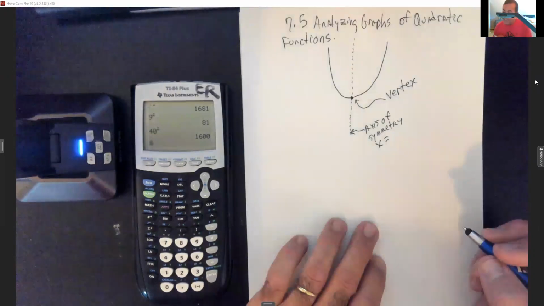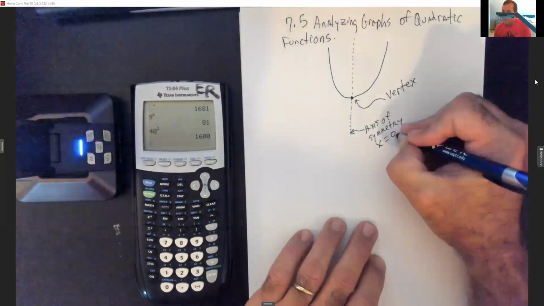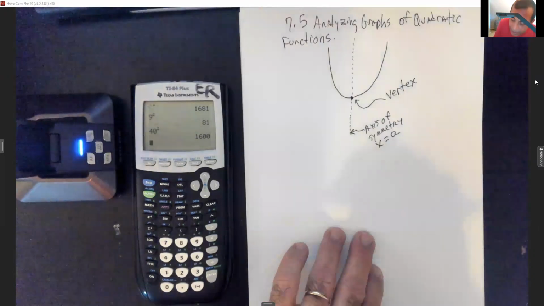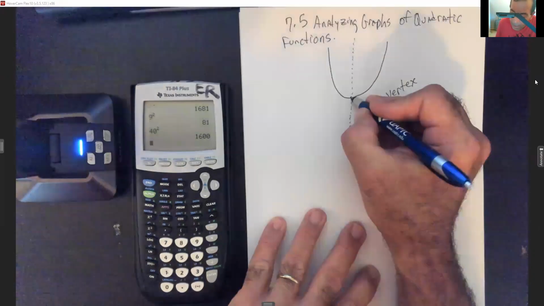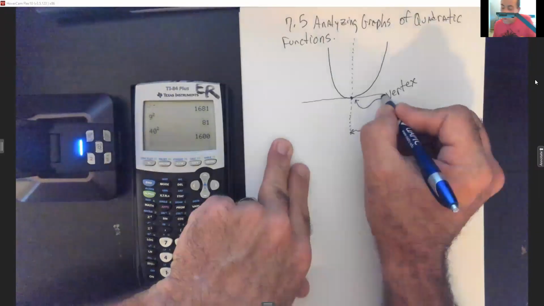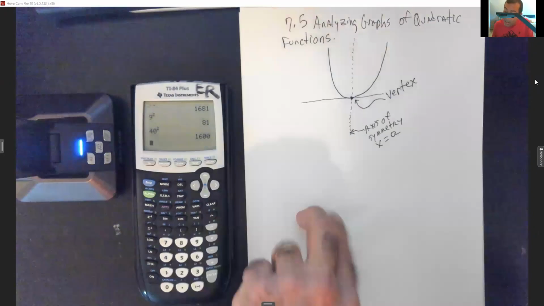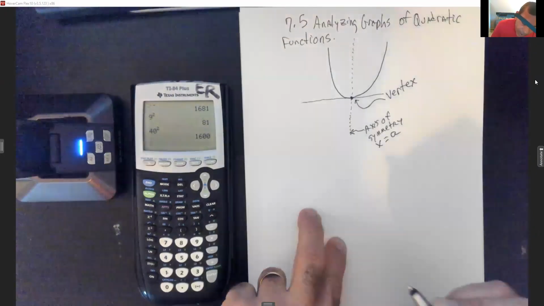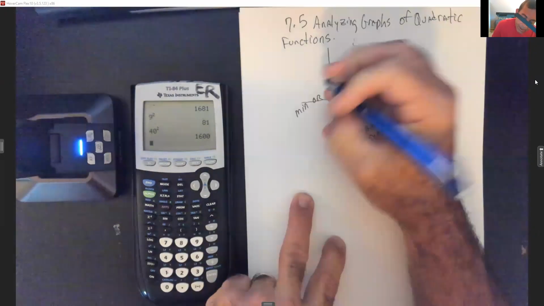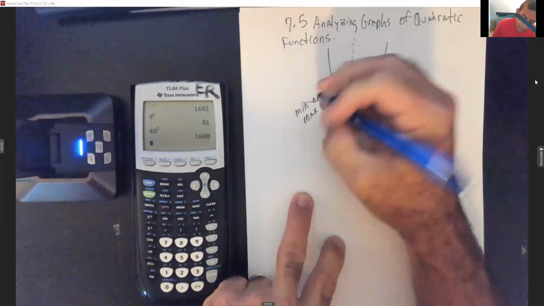So it'll be x equals some number. Also, the vertex is either going to be the minimum or the maximum height. So it can be the minimum or the max of the function.